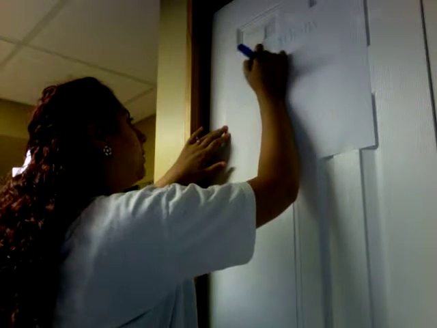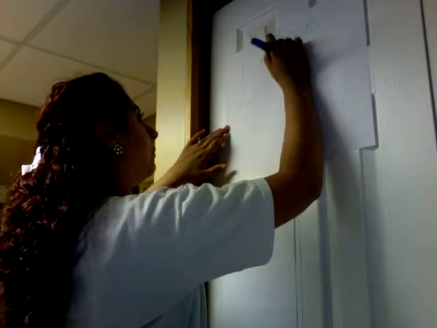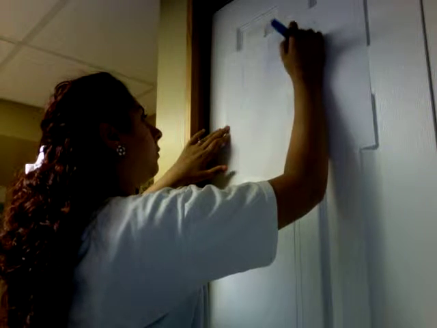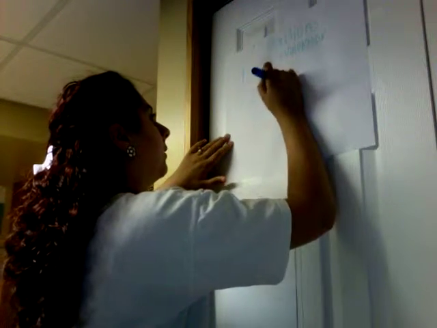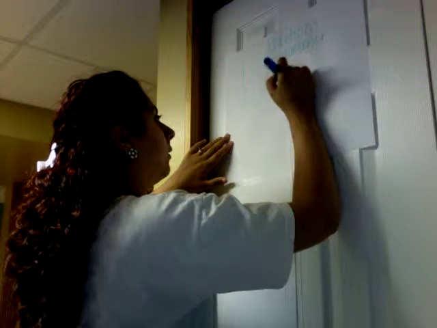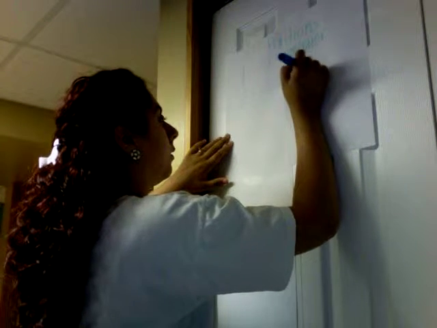Very good. The top is the numerator. And then the bottom is called the what? Good. Denominator. Good. Make sure you remember these.